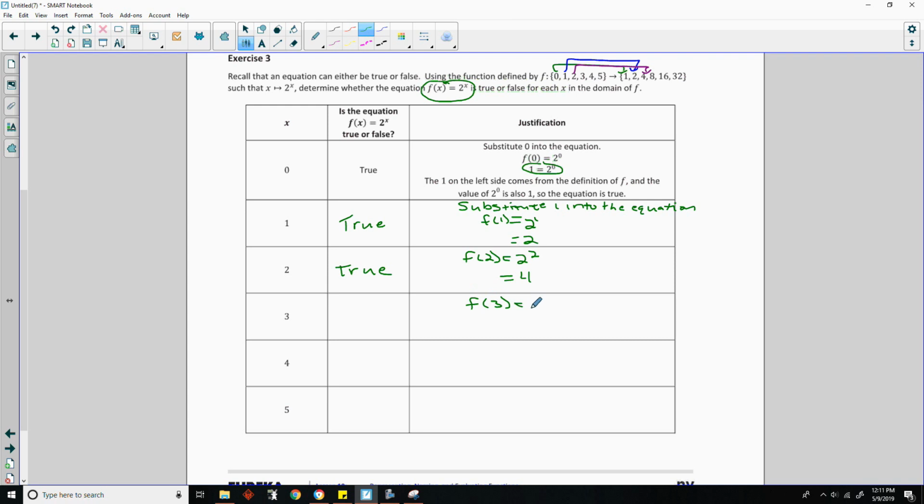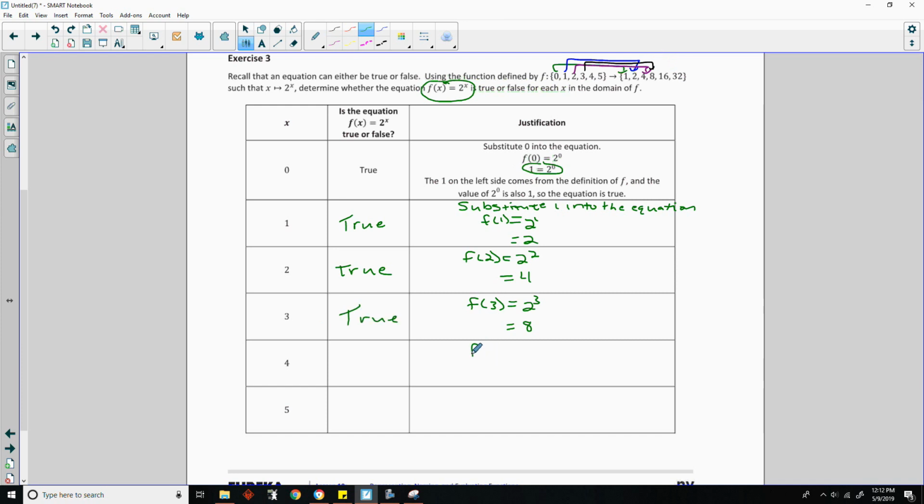So we have f of 3 equals 2 cubed. That equal sign just keeps snapping there. Sorry about that. So this is 2 cubed, which is 2 times 2 is 4, and 4 times 2 is 8. And when I look up at my mapping, the 3 got mapped to 8. So that is also true.